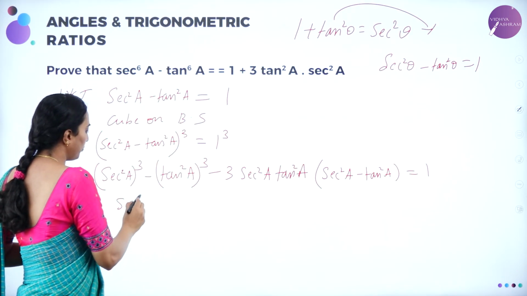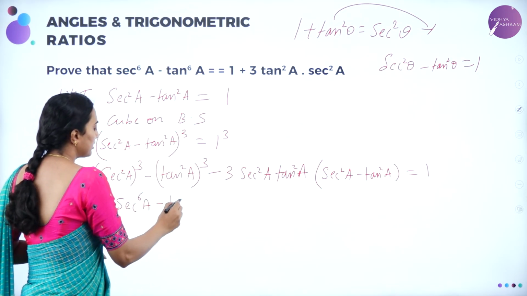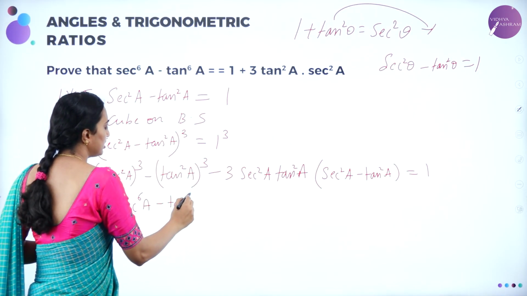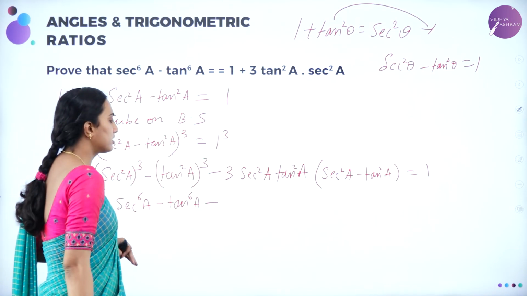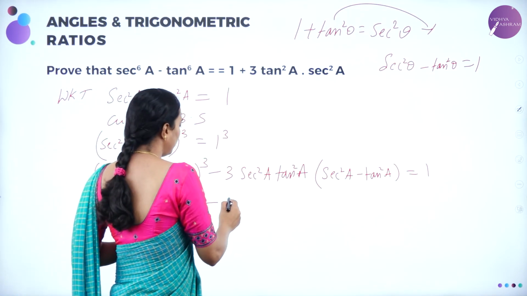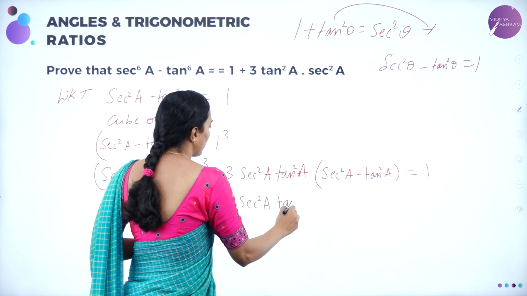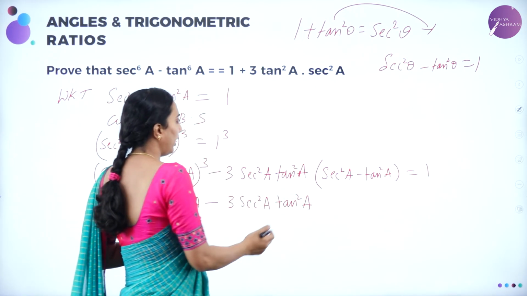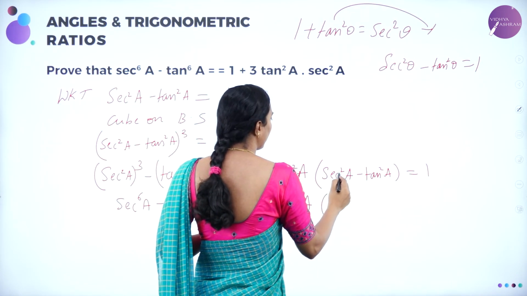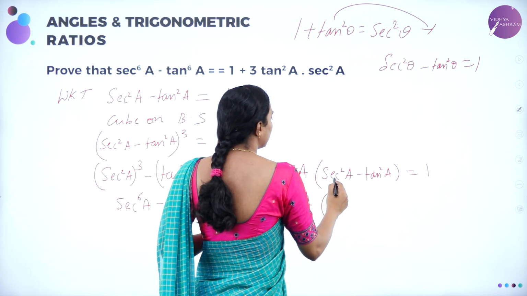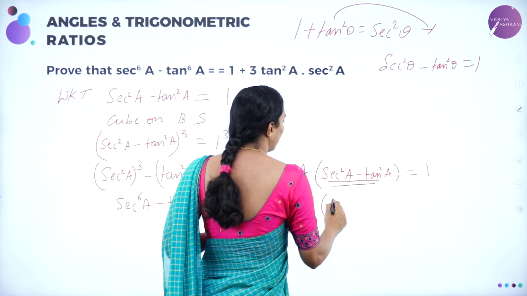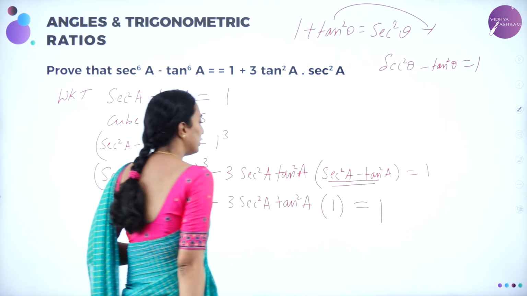So, secant to the power of 6A minus tan to the power of 6A minus 3 into secant squared A into tan squared A, into secant squared A minus tan squared A, which is equal to 1.